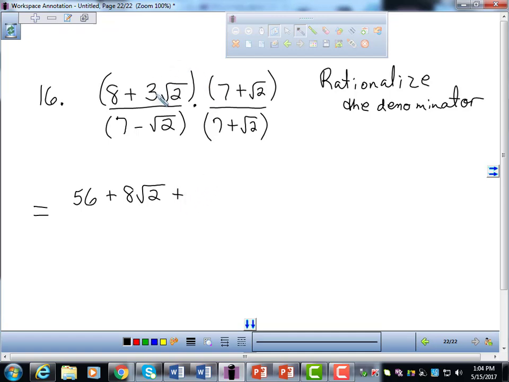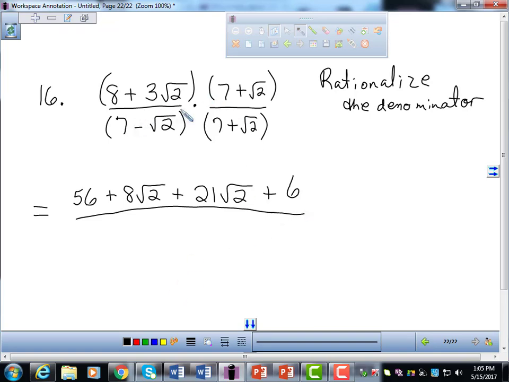Okay, inside, 3 square root of 2 times 7. Last. Now be careful with this one. You're going to multiply the 3 times the 1, giving you a 3. But the square root of 2 times the square root of 2 is, so that's really, I'm waiting. Good job, Razzie.